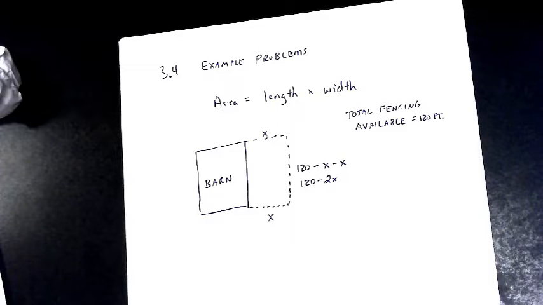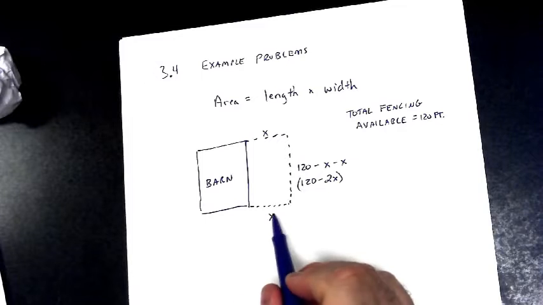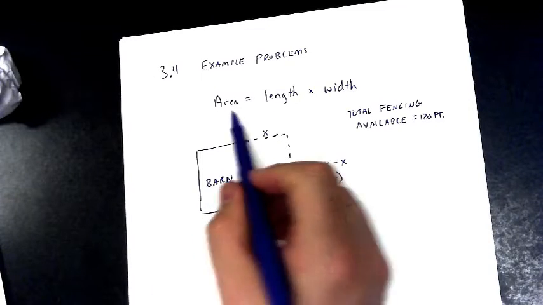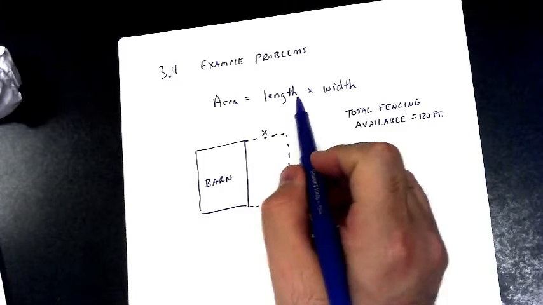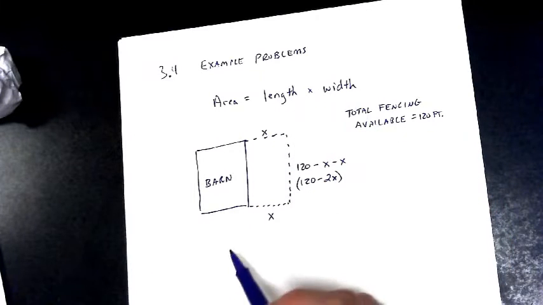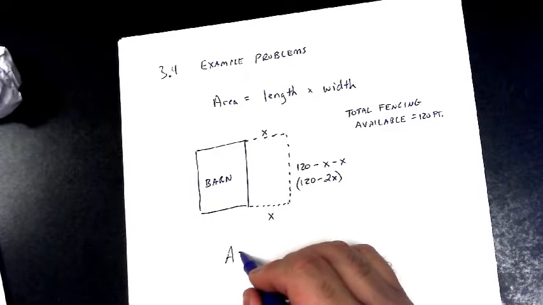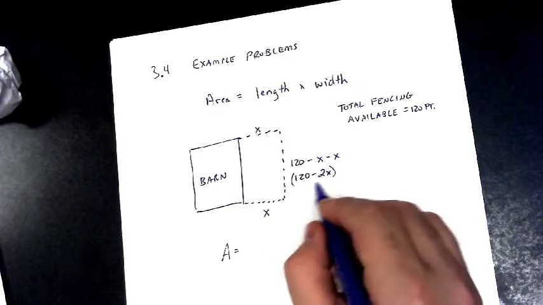If you were to do perimeter, it would be a slightly different calculation, but just like the opposite side here, x and x. But because we're talking about area, we need to multiply these two things together, the length and the width. And that's just going to be these two sides here. So the area for this particular one is going to be the length.